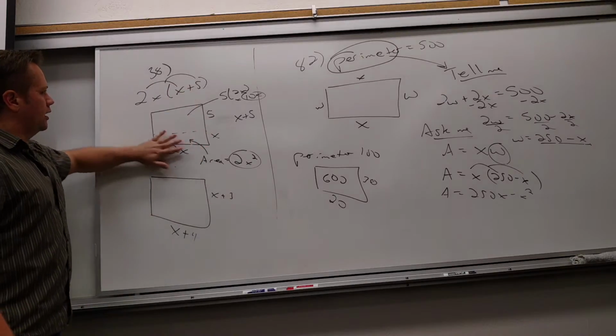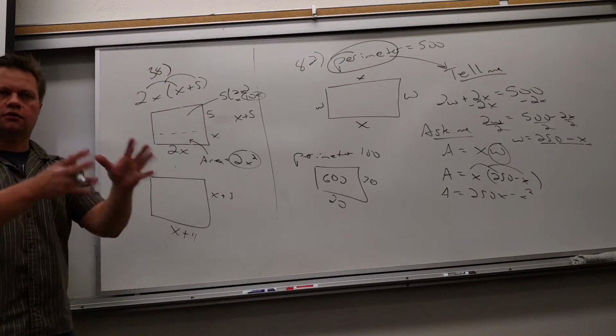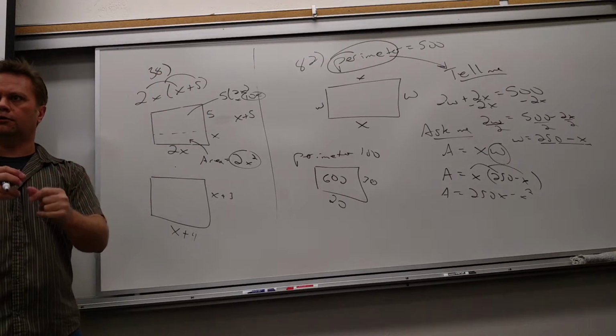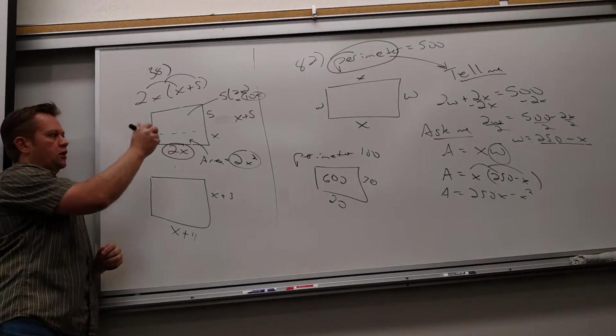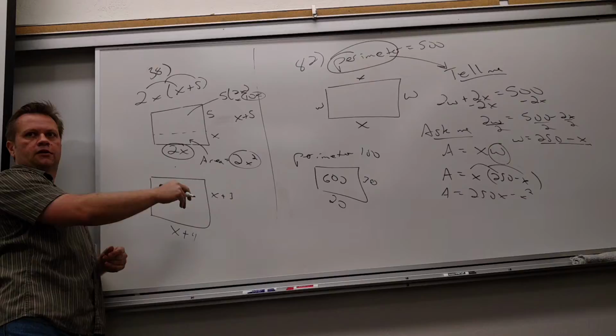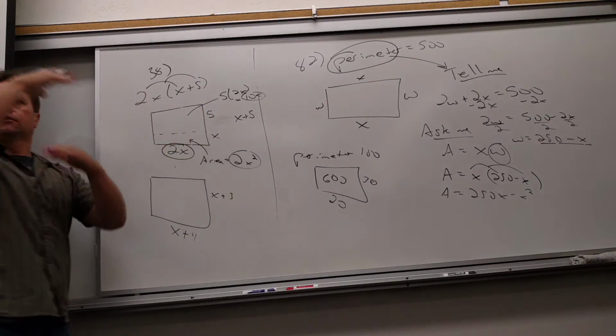I want you to try to do this, but I'm not going to be too concerned if you can't quite get it. The example is exactly the way you want to do this. This one was a little easier because how many terms does this have? One. So this whole side is 2x, and the other side is x plus 5. I had to break that side into an x and a 5.